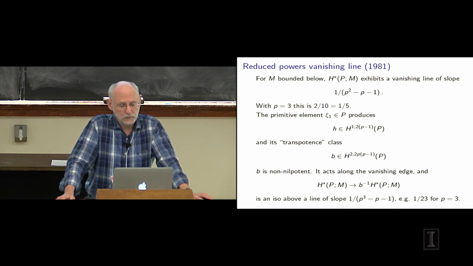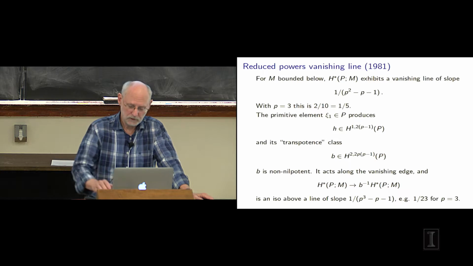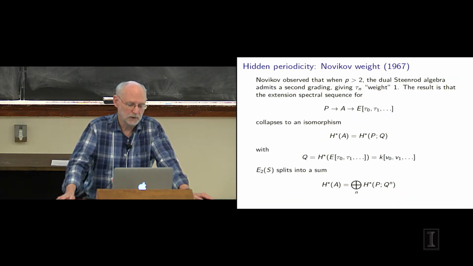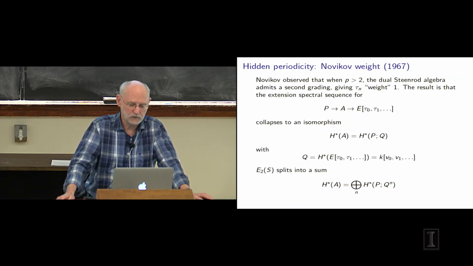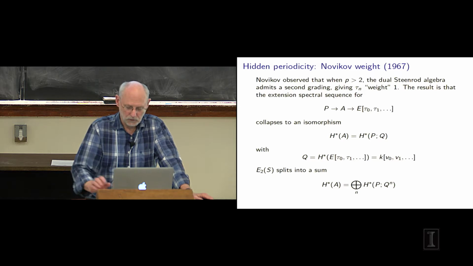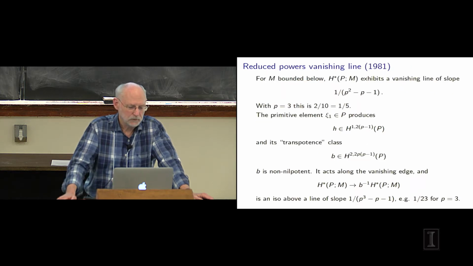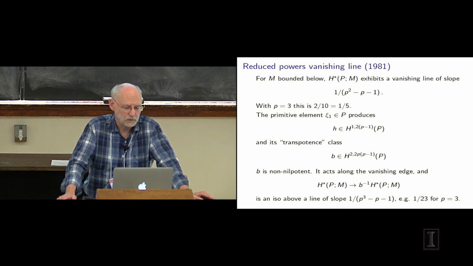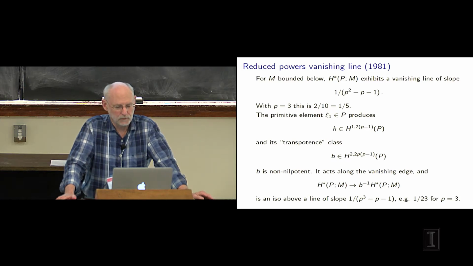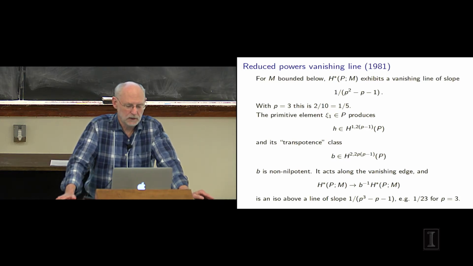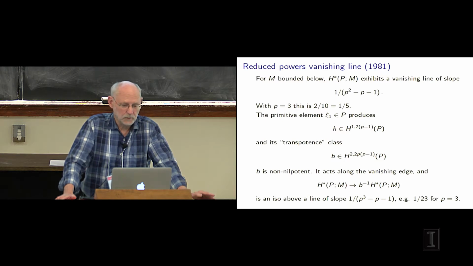The cohomology of the reduced powers is one factor in this decomposition of the cohomology of the Steenrod algebra. It's when n is equal to 0. So the cohomology of the reduced powers is a direct summand in the cohomology of A. And this element B survives in the atom spectral sequence to beta 1, the first element not in the image of J, in dimension 10 at the prime 3.